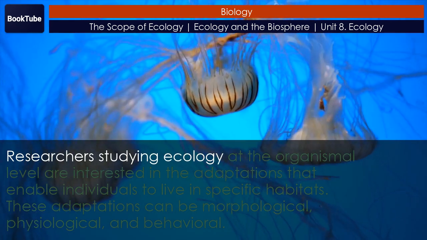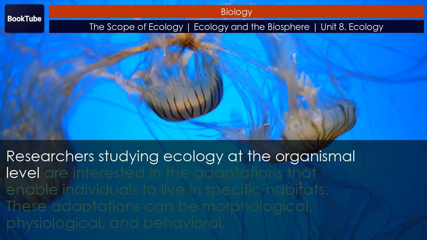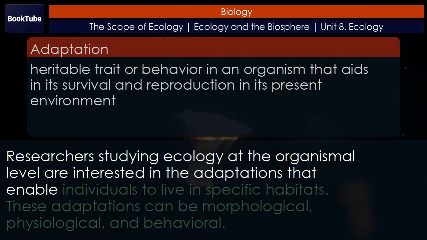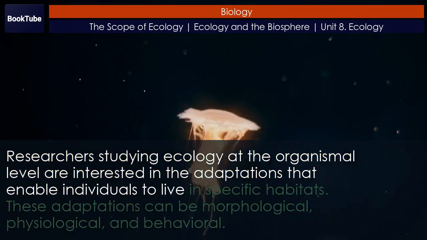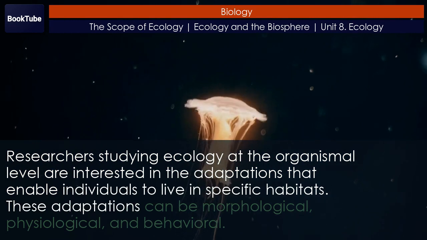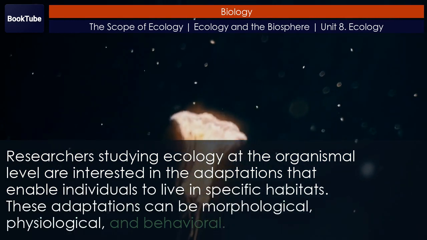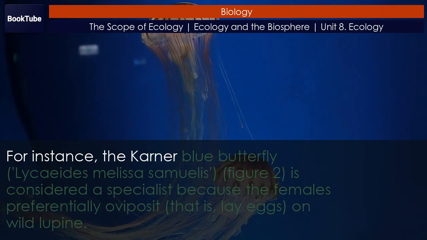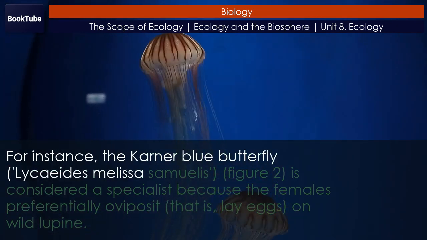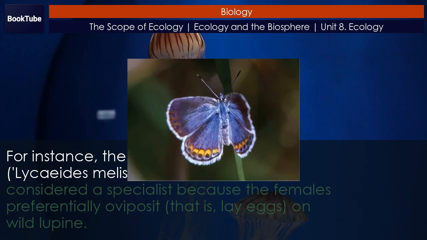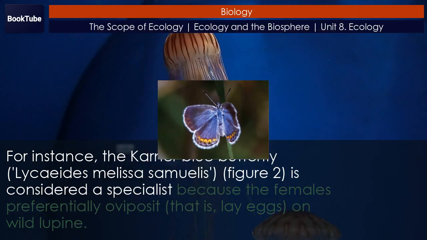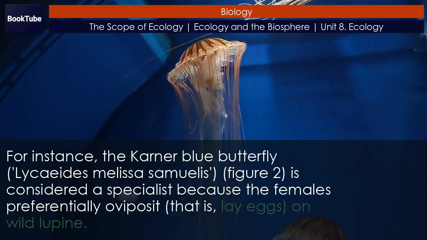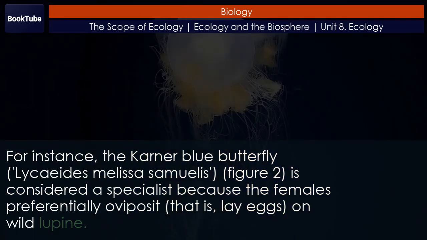Researchers studying ecology at the organismal level are interested in the adaptations that enable individuals to live in specific habitats. These adaptations can be morphological, physiological, and behavioral. For instance, the Karner blue butterfly, Lycaeides melissa samuelis, Figure 2, is considered a specialist because the females preferentially oviposit, that is, lay eggs, on wild lupine.